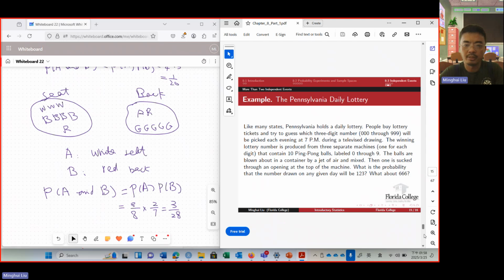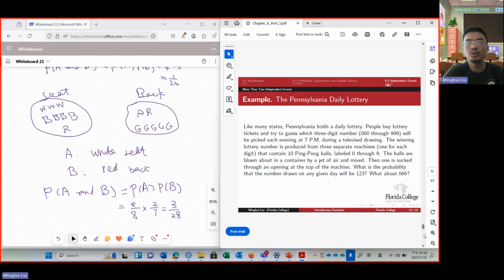What is the probability the number drawn on any given day will be 1, 2, 3? Well, the first digit being 1, the second digit being 2, and the third digit being 3 are supposed to be independent events. The probability of the first digit being a 1 is 1 out of 10. The second digit being 2, and some of you may say, is that 2 over 10?